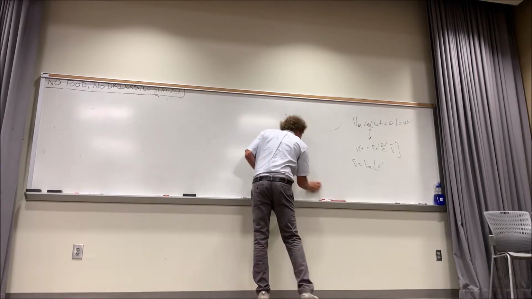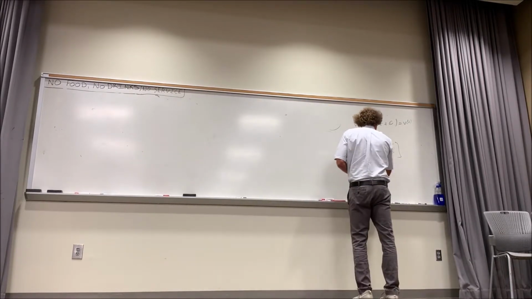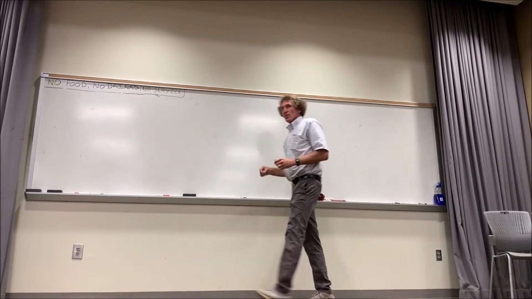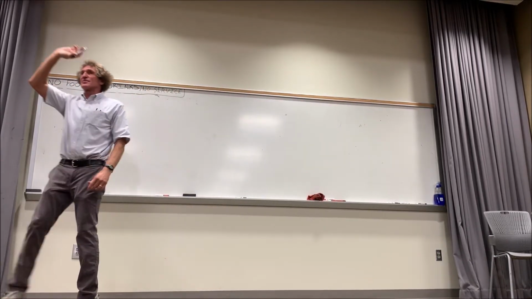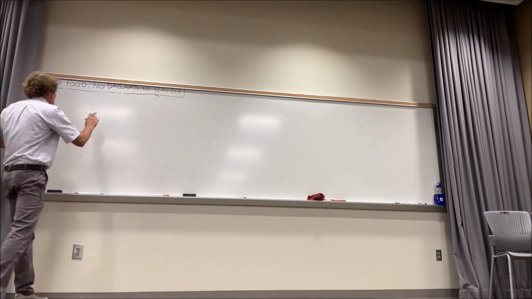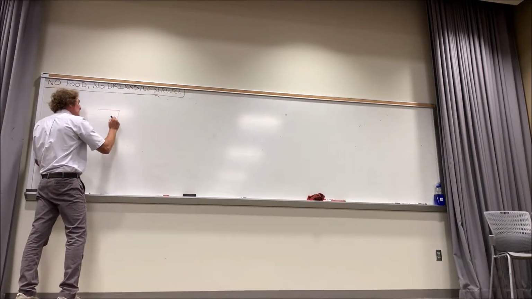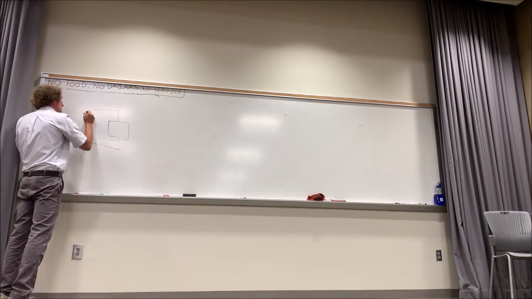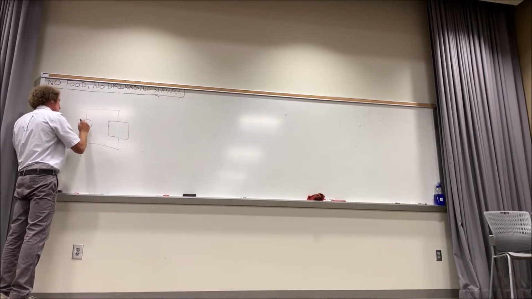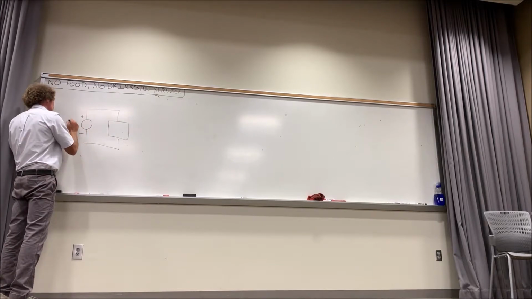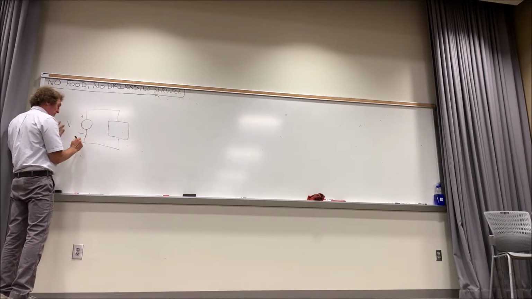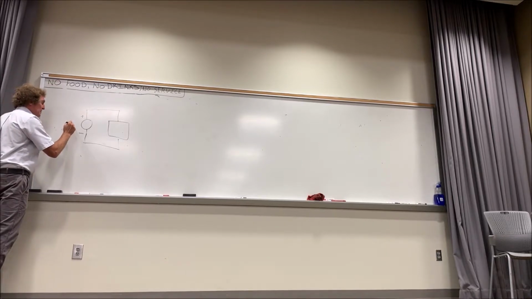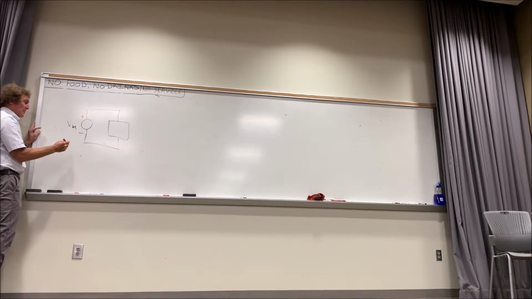All right, this is something I want to make sure everybody understands. If we have any element like this, and we have some voltage V here, I'm going to say this is V magnitude, or I'm going to use M for magnitude.